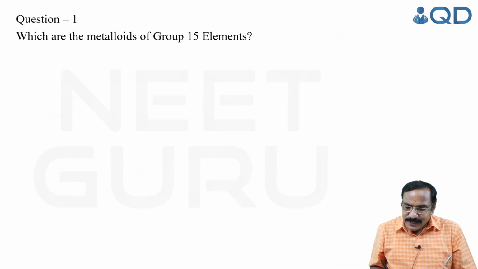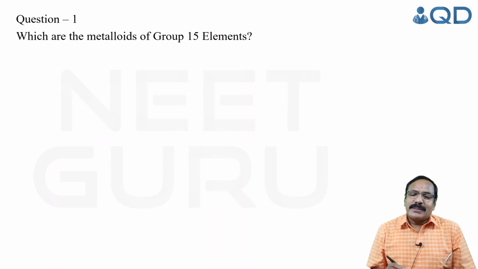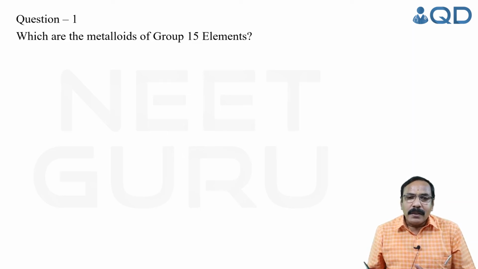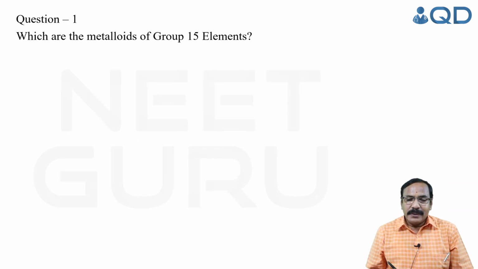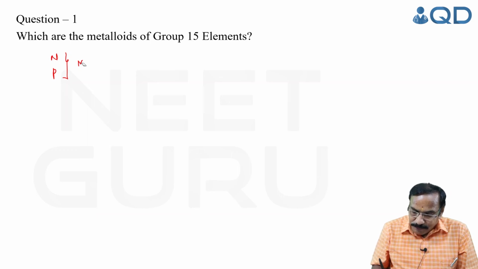Now, which are the metalloids of group 15? That is a simple question. Metalloids are elements with both metallic and non-metallic character. As you move from top to bottom, metallic character increases.